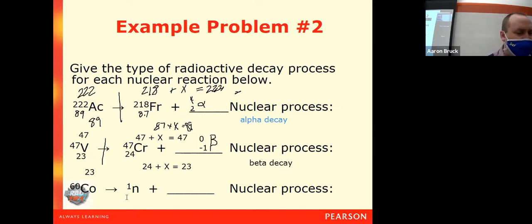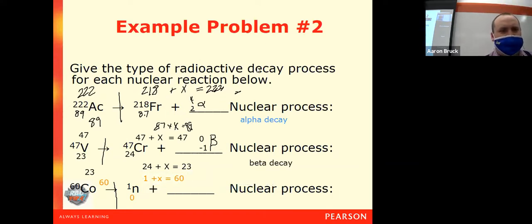Only thing that we've been given is that there is a neutron. The neutron has no mass, or excuse me, no charge. So from the standpoint of splitting this again, I see a 60 on the top. 1 plus x is equal to 60.